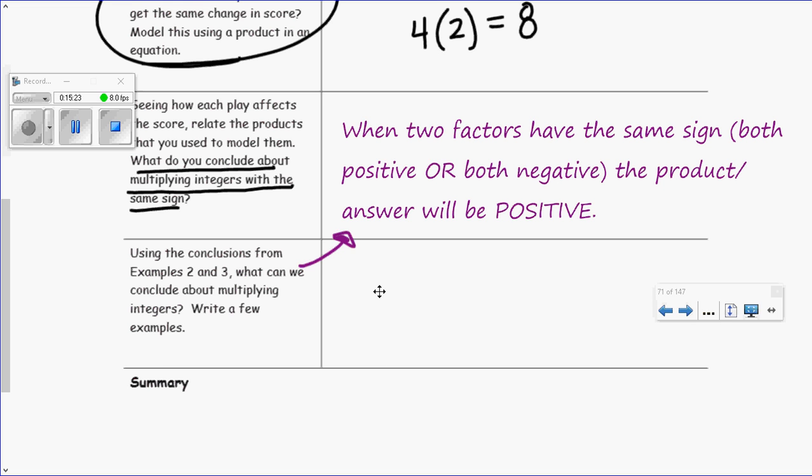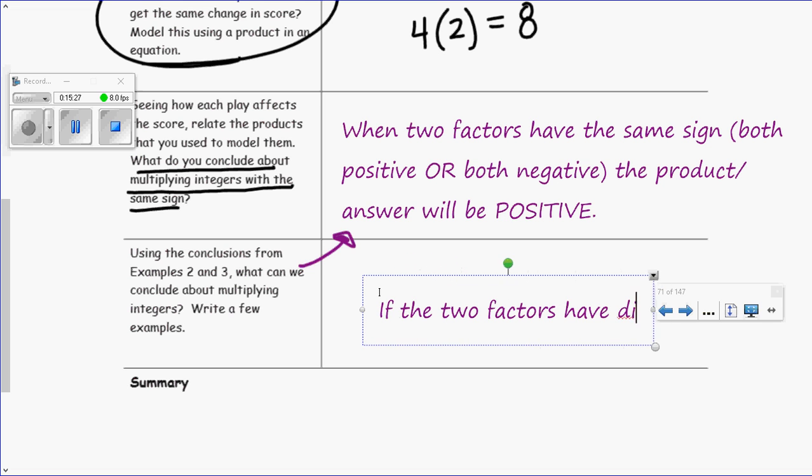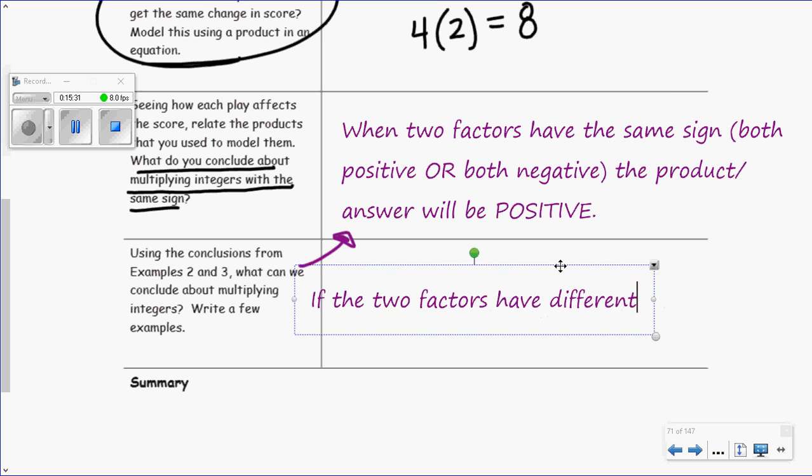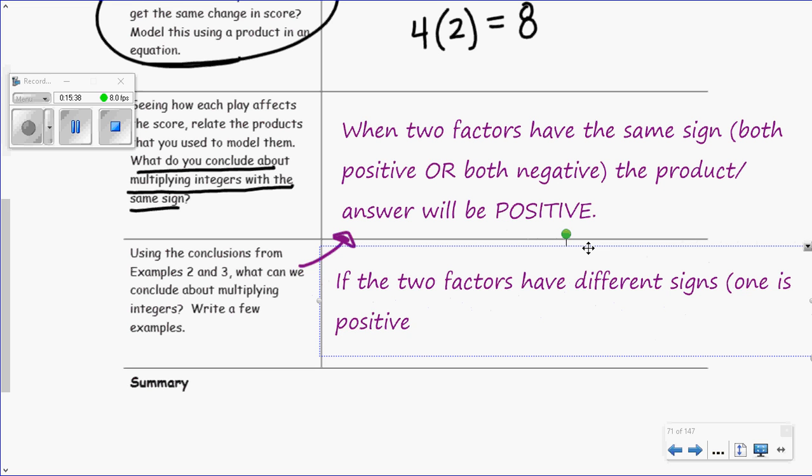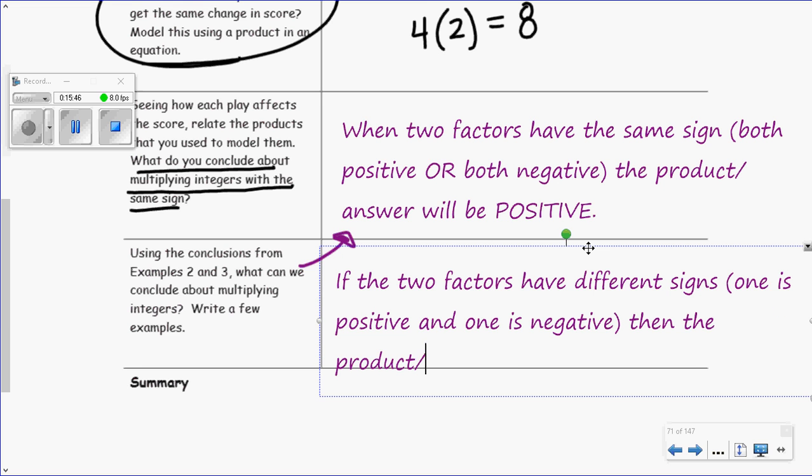And down here we can say if the two factors have different signs, that means one is positive and one is negative, then the answer, which is also called a product, will be negative.